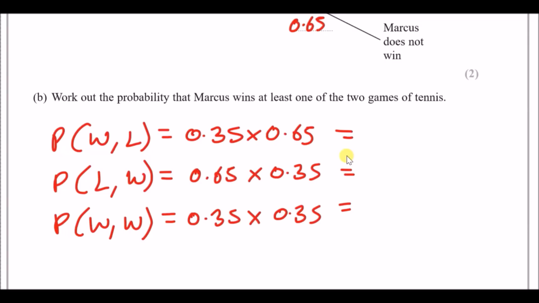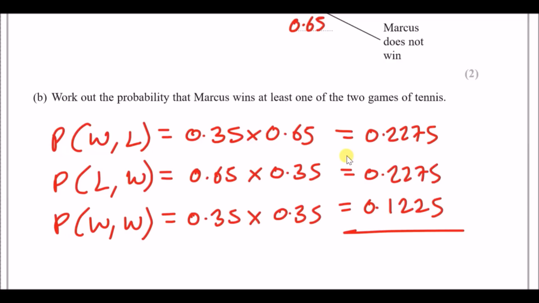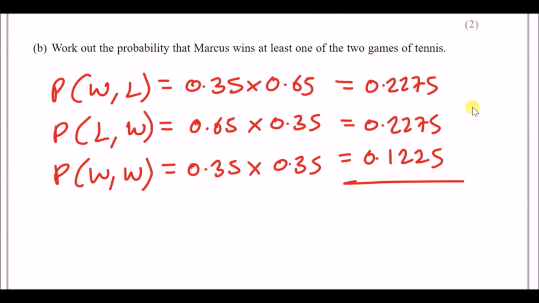So 0.35 times 0.65 gives you 0.2275. You do that again here. And the last one, 0.35 times itself will be 0.1225. Any of these three options can happen, so you have to add them up: 0.1225 plus 0.2275 times 2. So the total probability of him winning at least one game would be 0.5775. Yeah, and that's it, guys.